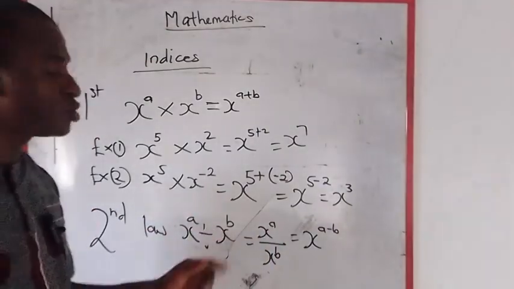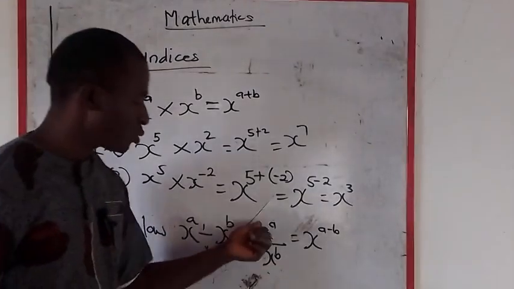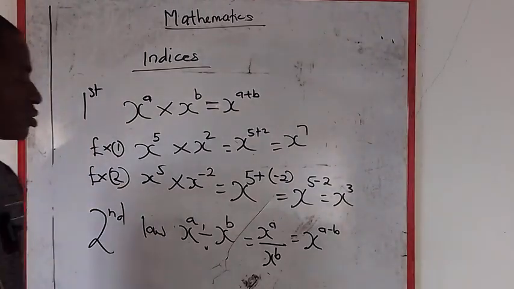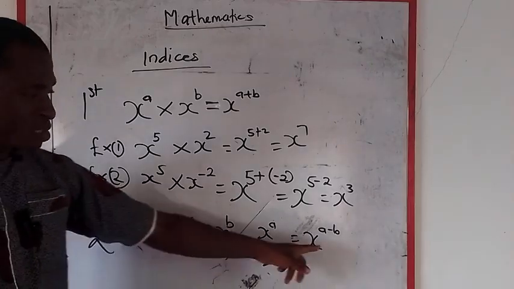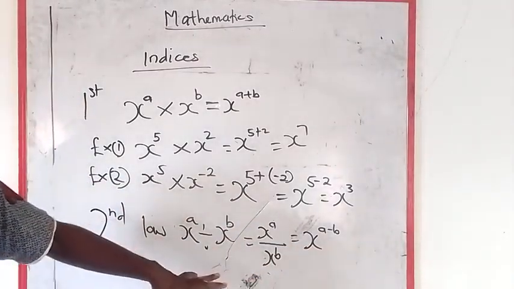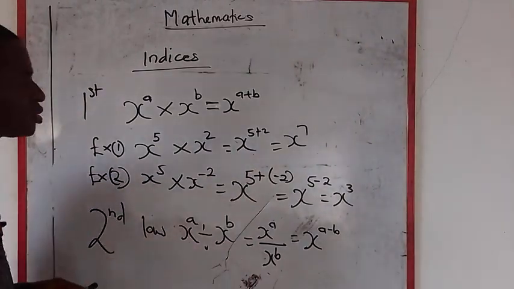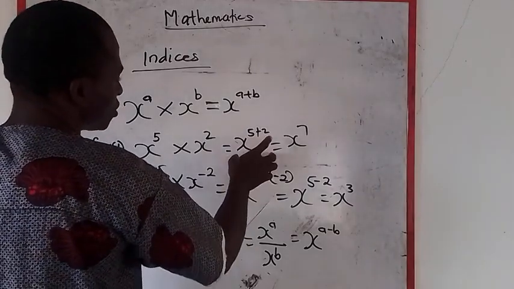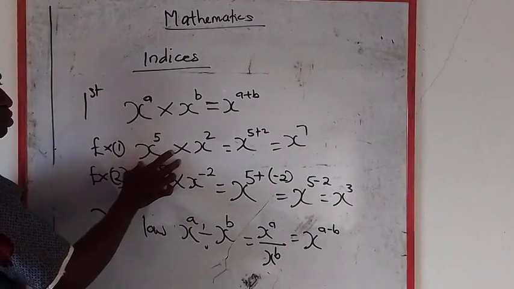You must know how to do this, because there are calculations that will demand your knowledge of this. If you don't know it, you will just be there thinking it's a very difficult question you're solving. The same thing with the first law. You must have the ability of taking what that law has given you back to where it's coming from.